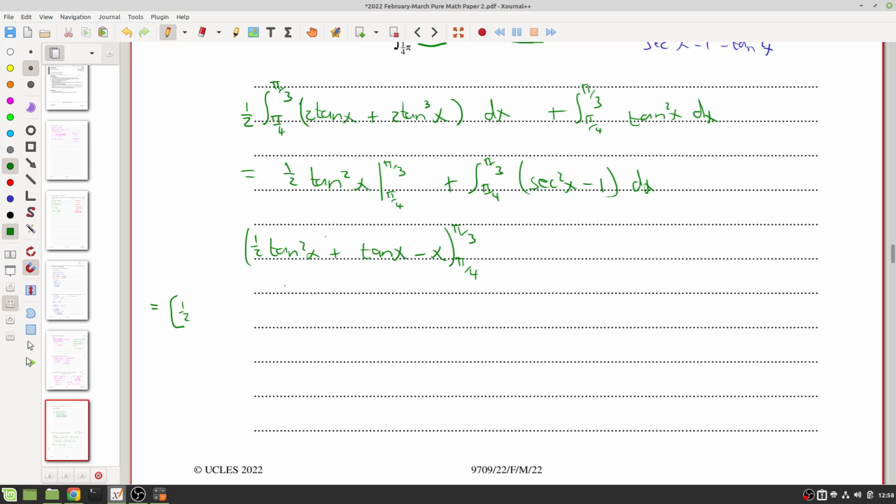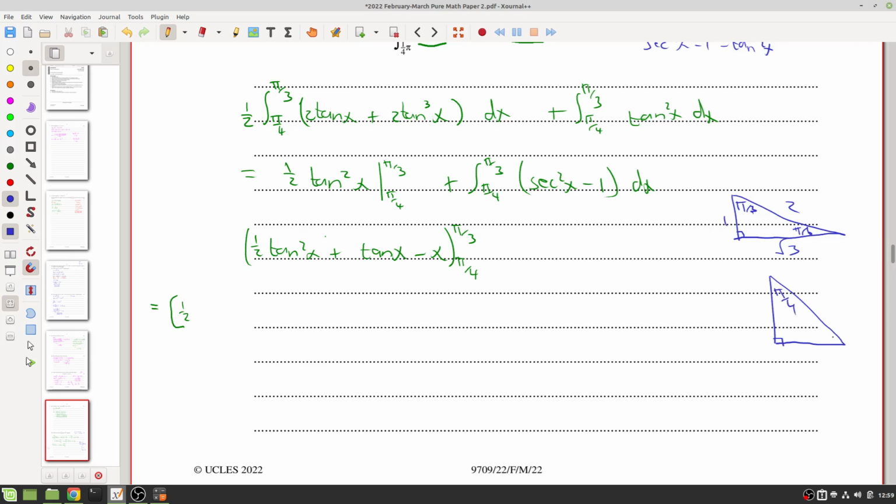So tan of pi over 3 is, let's do some more rough work here. Special triangles. If that's pi over 3, and that's pi over 6, we have these ratios. Let's also do the pi over 4 one, since we also have pi over 4 here.